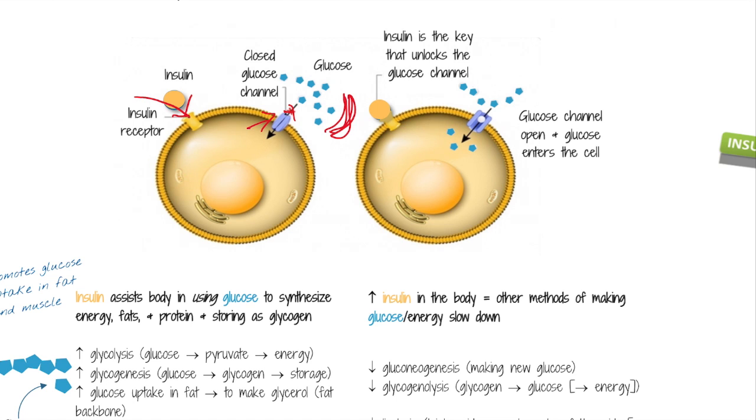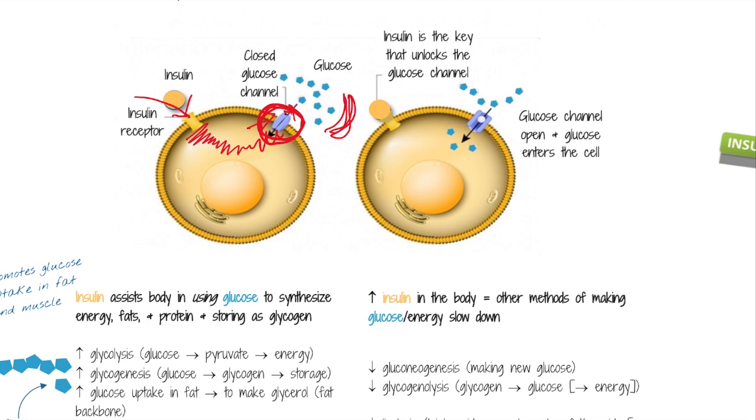But the basic action is that when the insulin attaches to this receptor, it starts this whole cascade of events that ends up, if you want to think of it as just opening this glucose channel door, that can help.